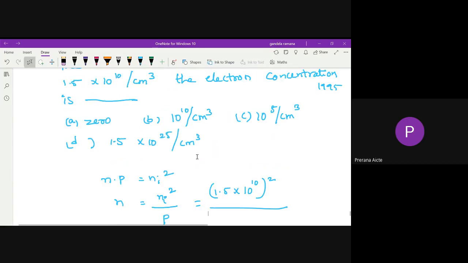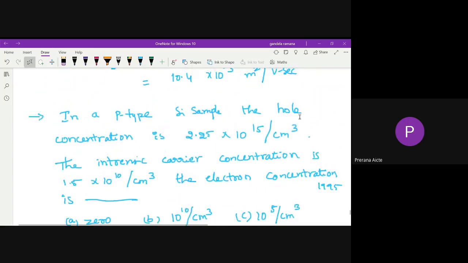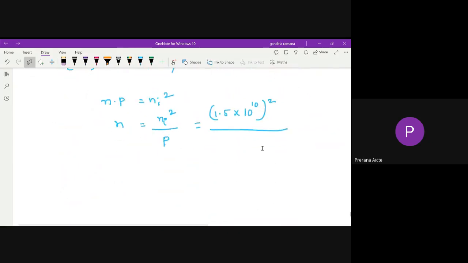The hole concentration they have given us is 2.25 into 10 power 15.